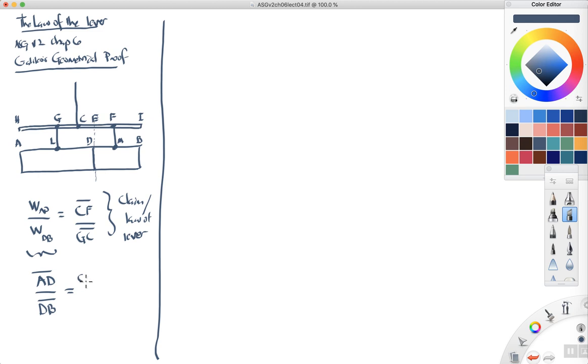And that is as CF is to GC. So this is an equivalent claim, so long as the material is uniform. The thickness, I guess, in the direction going in and out of the page is the same. So the material and the thickness of the beam are uniform.